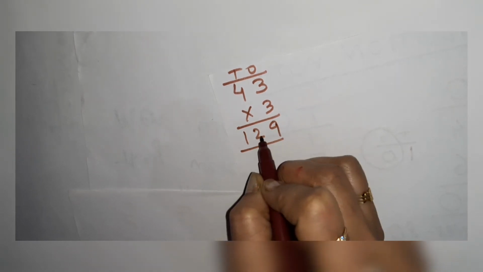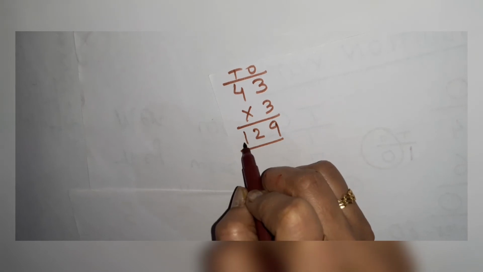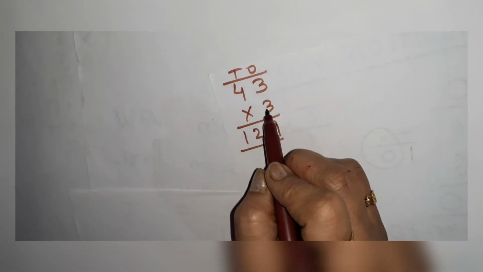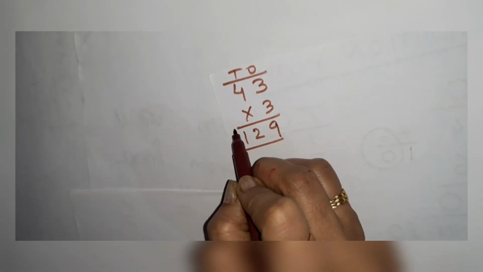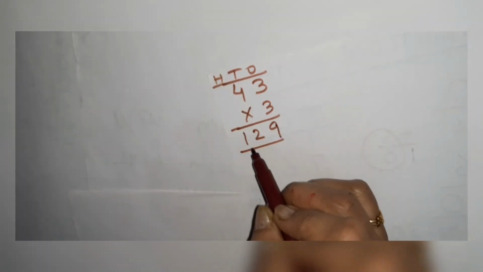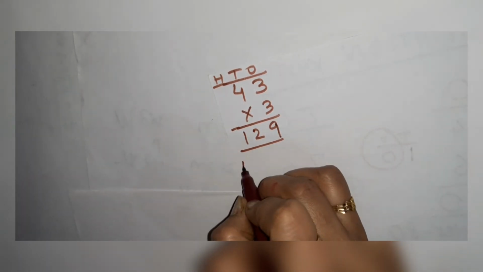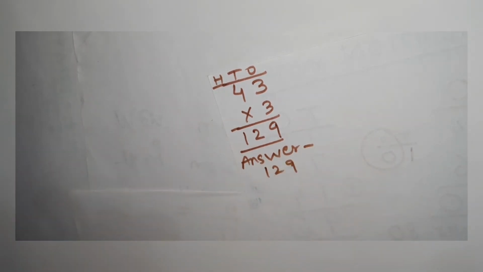The answer came in 3 digits because three 4's are 12. So what I will do, I will write 9 under the ones space, 2 in the tens column, and this column is the 100 column, here I am writing 1. So my answer will be 129. Right?